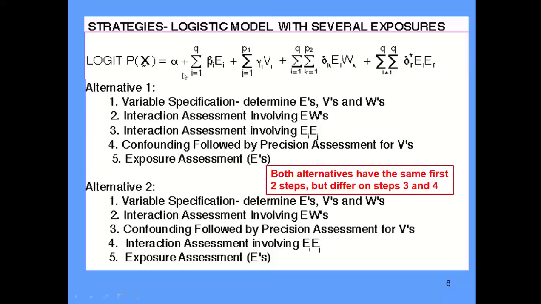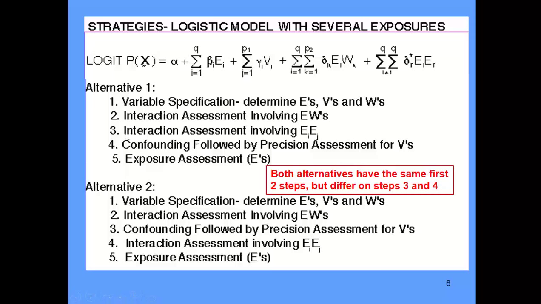The second step says interaction assessment involving EW's, and the second step for alternative two says the same. So alternative one and alternative two start out with exactly the same first two steps.